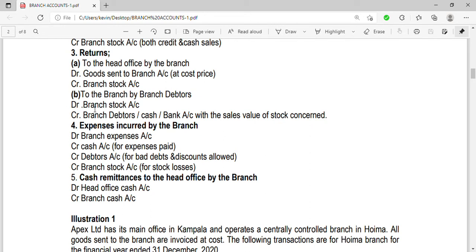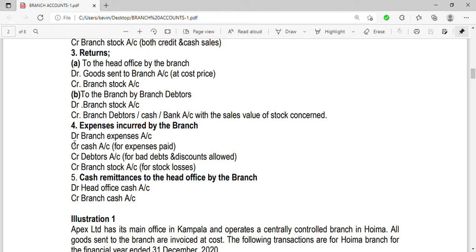We debit the branch stock account, and then we credit the branch debtors, cash or bank account with the sales value of the stock concerned. Either debtors are reducing, the people that you're demanding in case of credit sales, or cash, because you are supposed to give them back their money in case they return goods, so it can also reduce. Then bank, in case you are paying them back with a check.